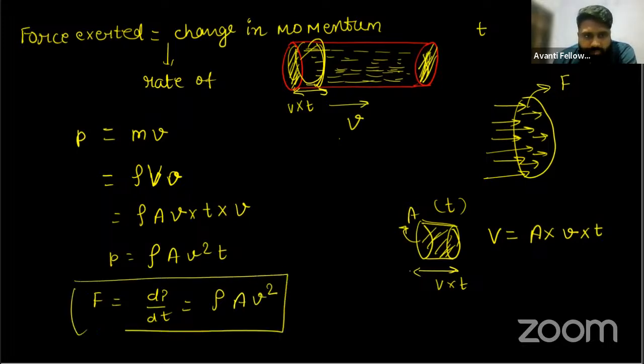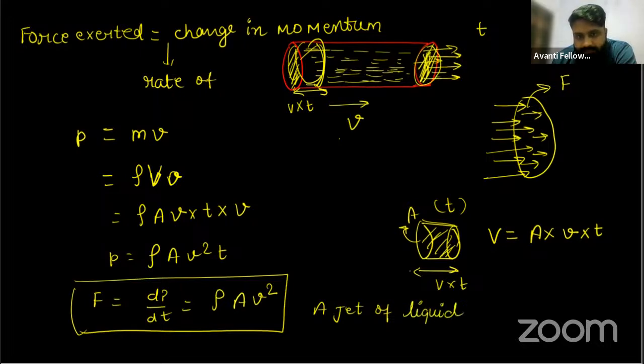So remember this formula. The force exerted by a pump on a vertical wall, or you can also use this formula in the case when it is said that a jet of liquid applies force on a vertical wall.